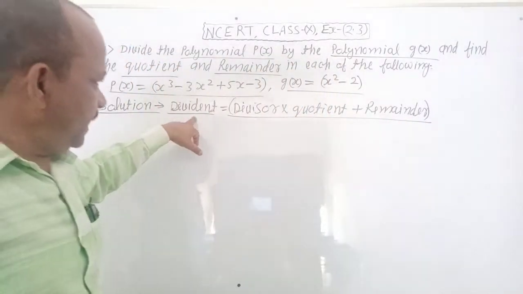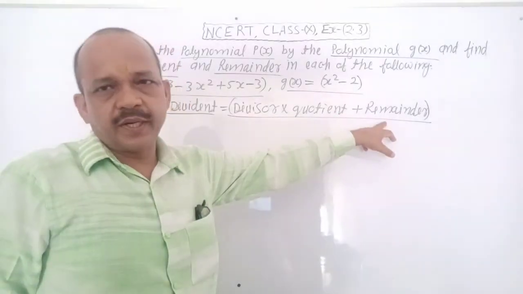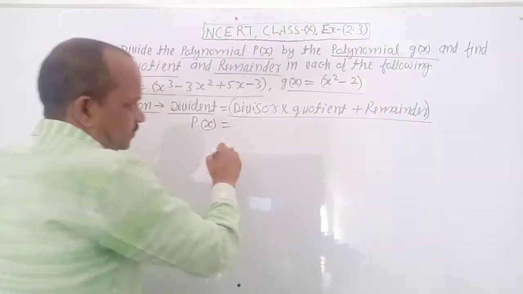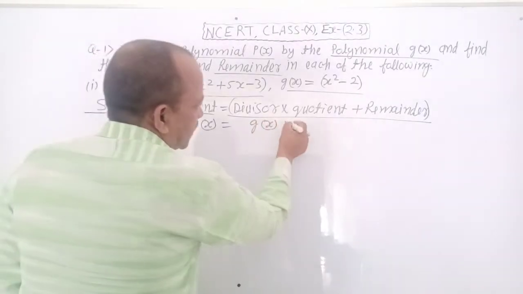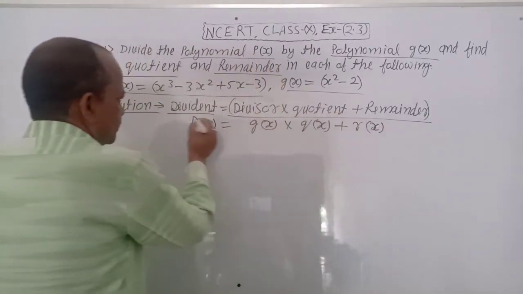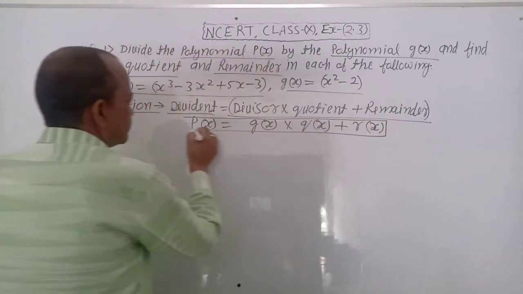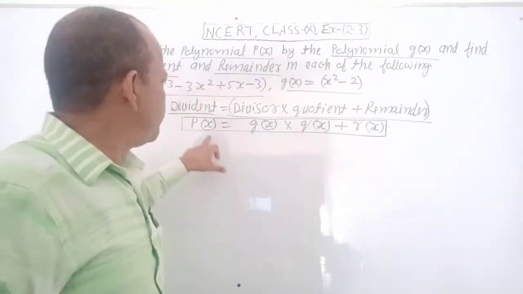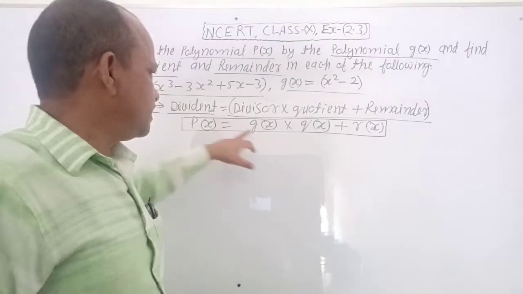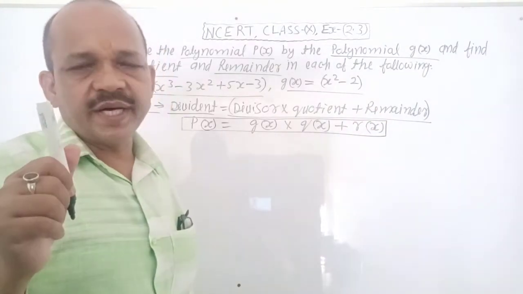We know dividend equals divisor multiplied by quotient plus remainder. p(x) equals g(x) multiplied by q(x) plus r(x). It is clear, p(x) equals g(x) multiplied by q(x) plus r(x). p(x) is the dividend, g(x) is the divisor, q(x) is the quotient, r(x) is the remainder.